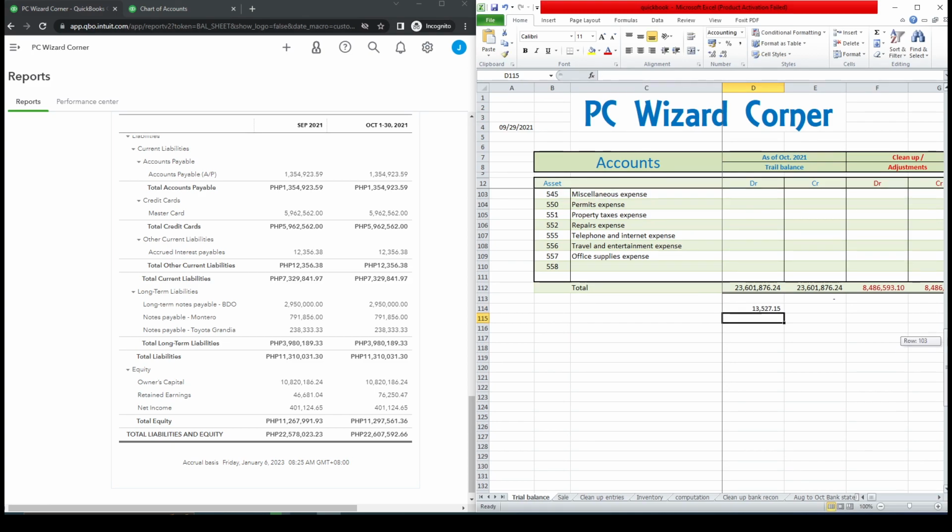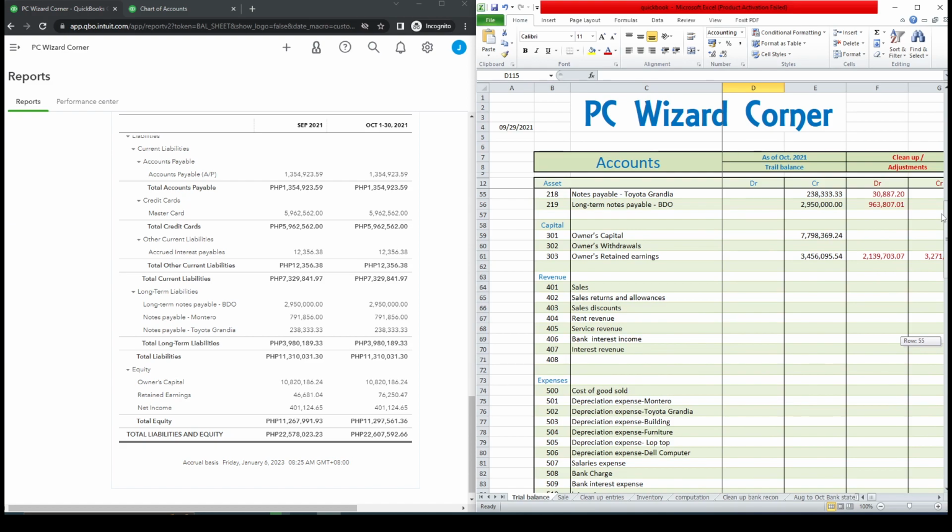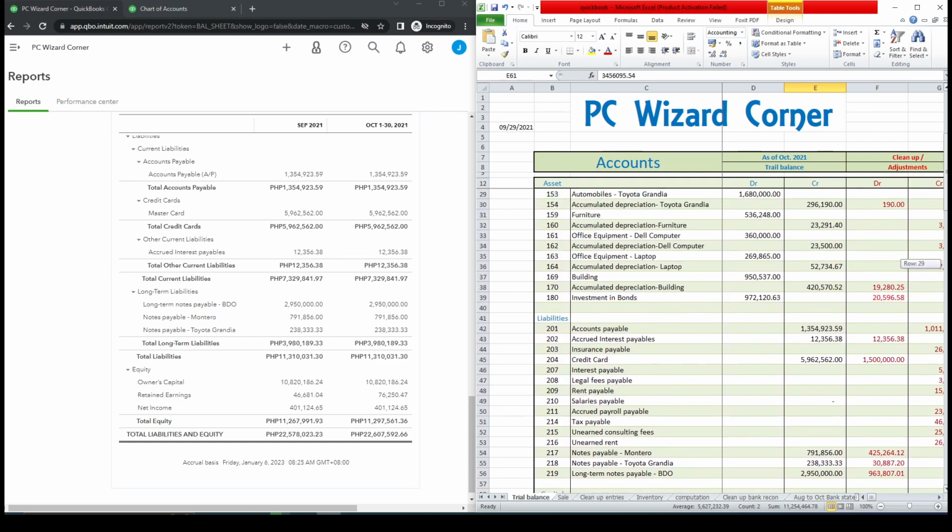And I decided that I should follow the total balance here in the trial balance. So let's go to the journal entry which I made in advance for this 13,000, the adjusting entry of the investment in bond, to change the date.